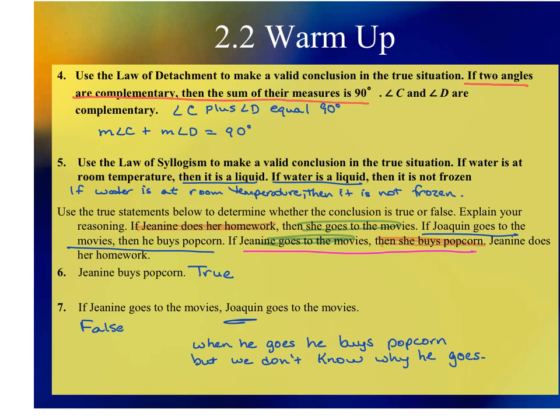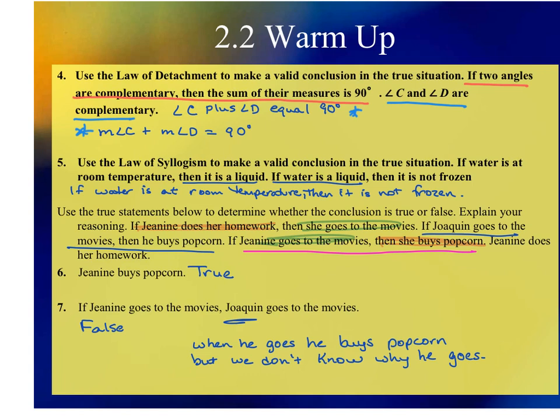That was your given statement. Now they're telling you that based off of this statement, C and D are complementary. What can you conclude? You could say that C plus D equals 90, or in a number sentence, the measure of angle C plus the measure of angle D equals 90. Something that shows that when you added them, you get 90 degrees.